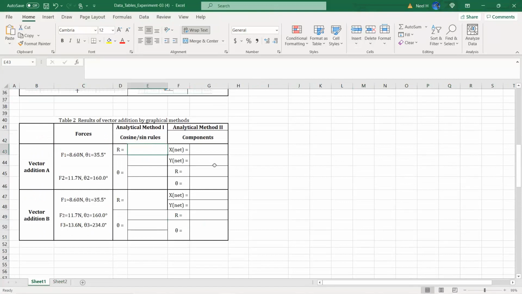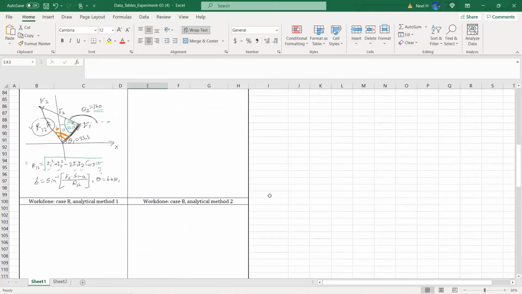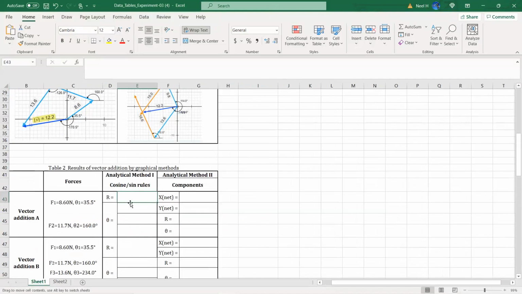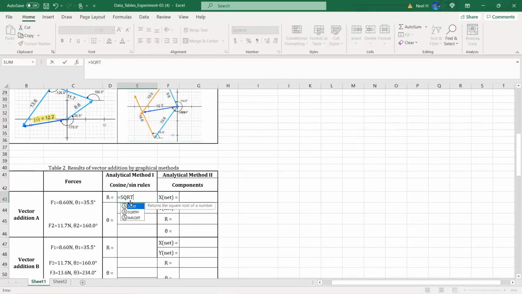So let's calculate the R by using the cosine rule. Now you know the equation, you just need to write the function, okay? And angle A we actually figured out, which is 55.5, okay? So that's also important. So let's write that function right here: equal sign, everything inside the square root.